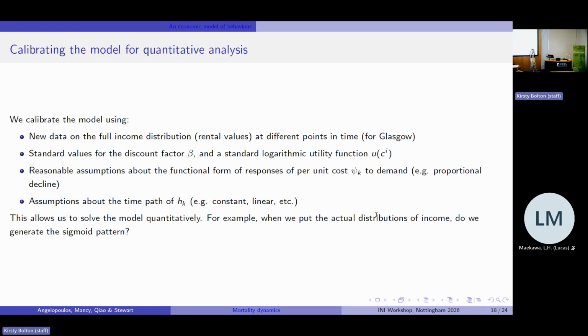And then we want to explore assumptions about the time path of HK. So we can explore how much that matters. And all of this allows us to solve the model quantitatively. So, for example, when we put the actual distributions of income into this, do we generate the sigmoid pattern?